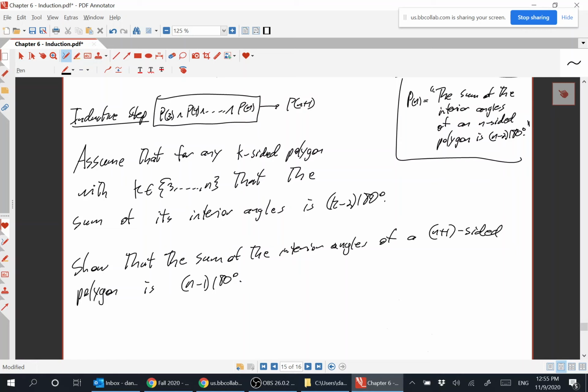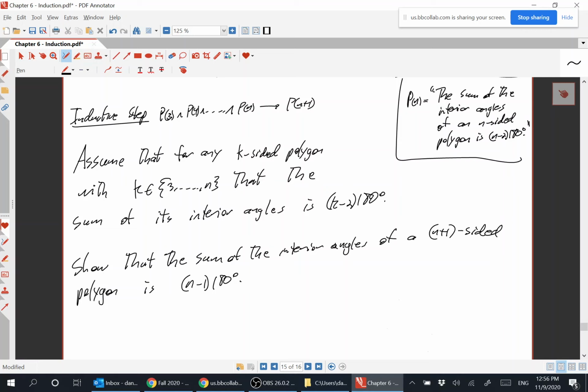What is the induction hypothesis? It's that P3 is true, P4 is true, P5 is true, all the way up to Pn. All those are true. So how do we say it in English? Pn is the sum of the interior angles of an n-sided polygon is n minus 2 times 180.